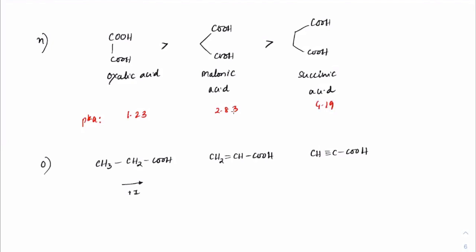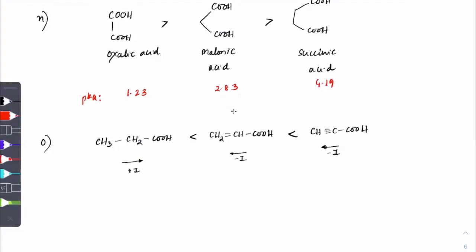Here CH2=CH is slightly giving minus I, as it would have COO minus in the conjugate base, while here it is strongly giving minus I effect. CH2=CH may slightly give resonance also, but that is almost ignorable. Mostly the minus I effect is slightly dominant. So this is how the acidic strength would be.